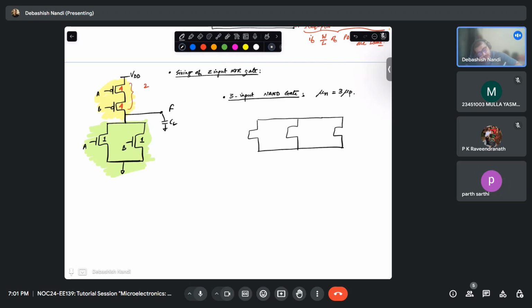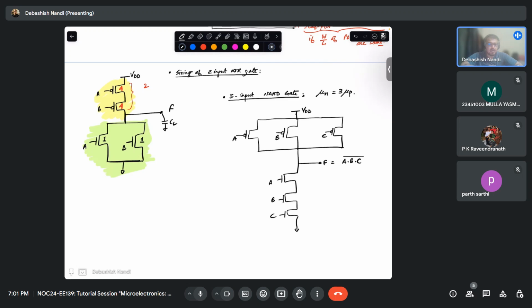So this will be your pull up network and this is your pull down network. A, B, C. This is your F. This is your A. This is your B. This is your C. This is your VDD.